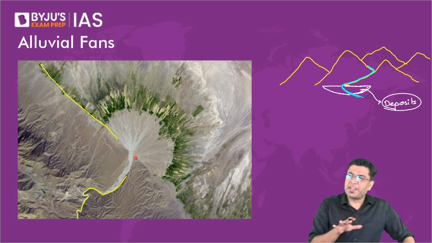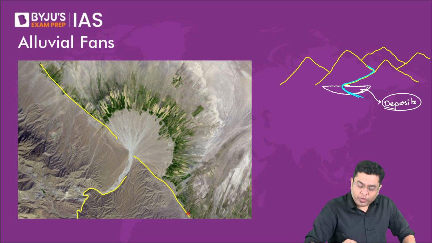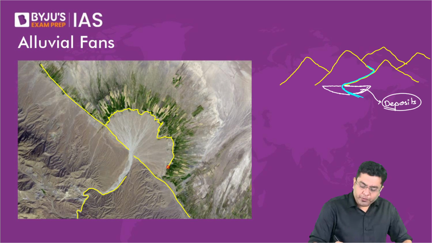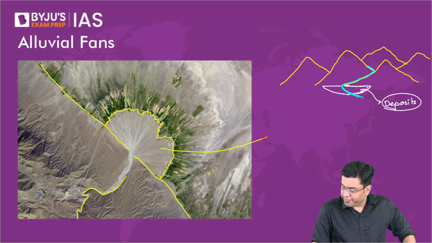This is a satellite image. Here you will observe that the deposits are carried out, and this portion of deposit is what we refer to as an alluvial fan.